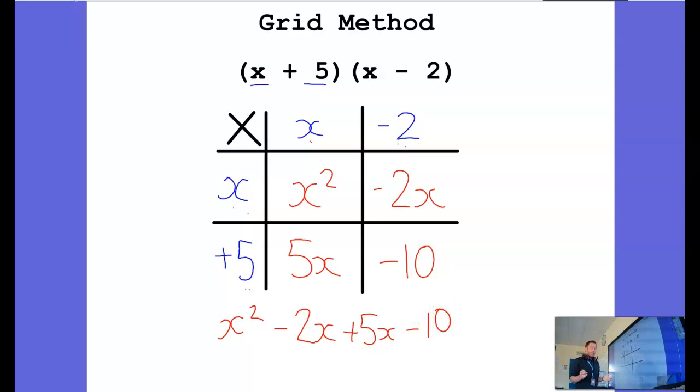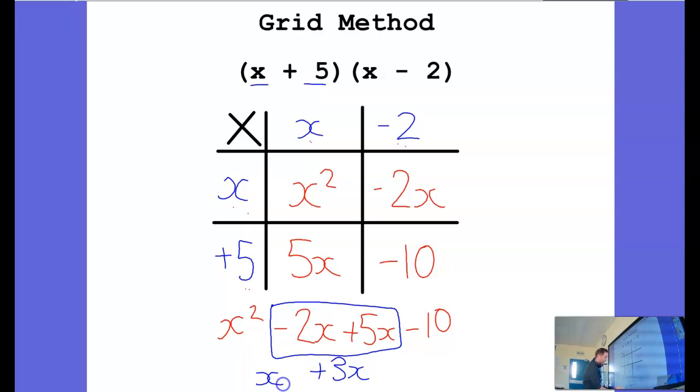And then with any of these, that's the expanding done. What we can do at the end here is just to simplify minus 2x and plus 5x. Well, minus 2x plus 5x, that is plus 3x. So I end up with x squared plus 3x minus 10. Worth recognising there that I can't combine the x squared with this.